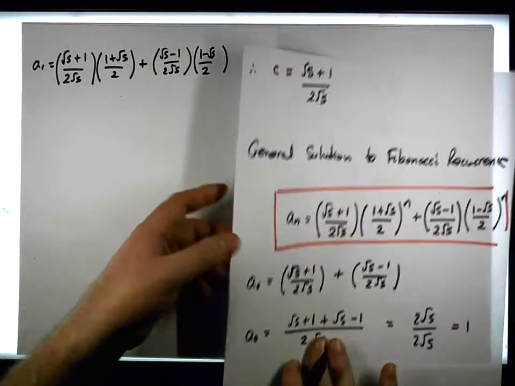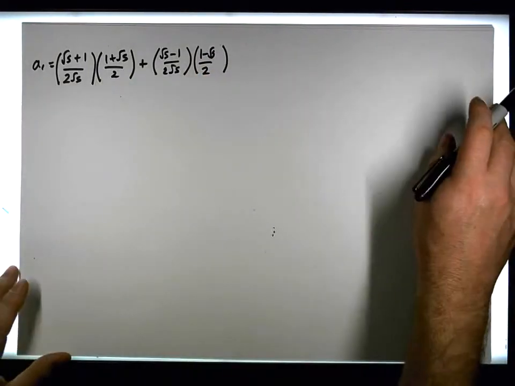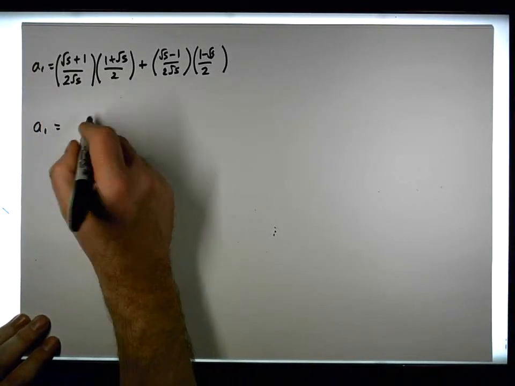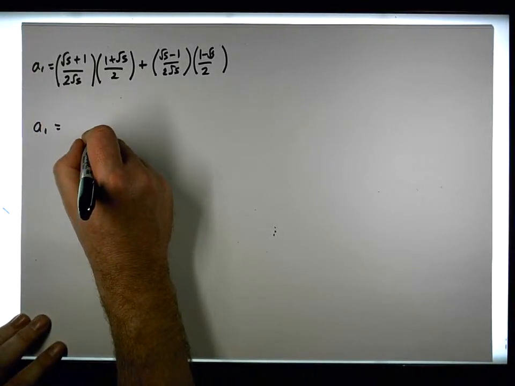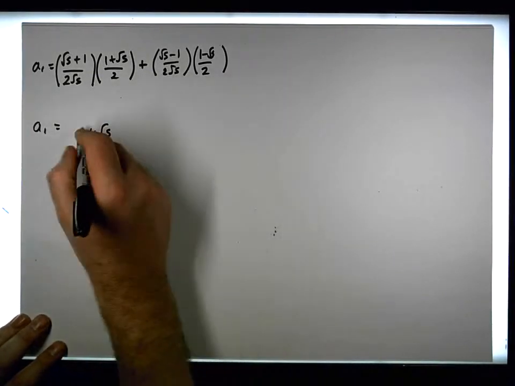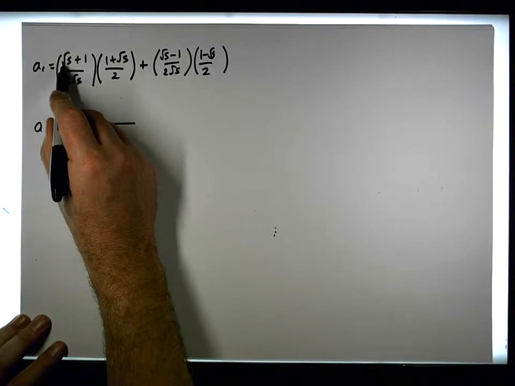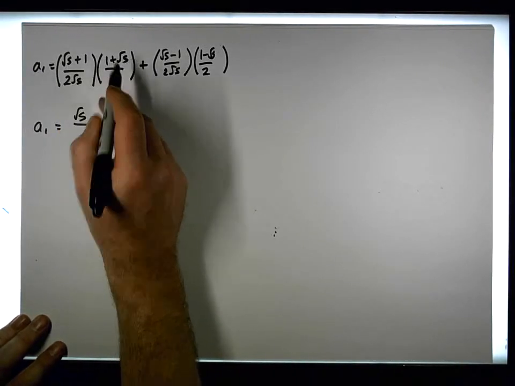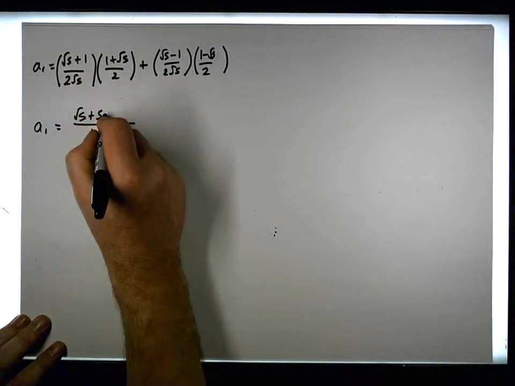If we just multiply out, what do we end up with here? A1 must be equal to 2 times 2 gives us 4, so that gives us a 4 root 5, and we're going to end up with 4 root 5 over here. So 4 root 5: root 5 times 1 gives us a root 5. Root 5 times root 5 gives us a plus 5. 1 times 1 gives us a 1.